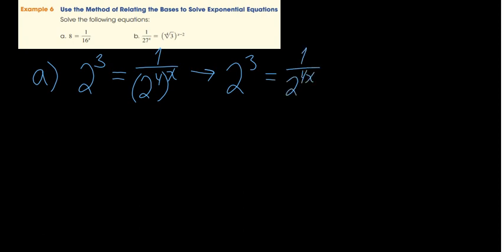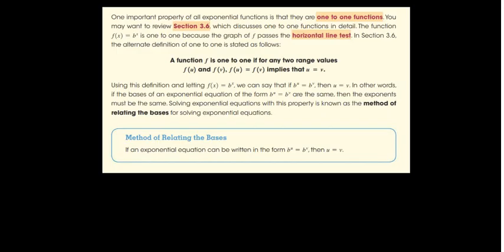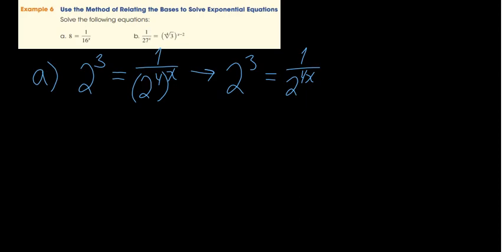Alrighty. Now we need to get our bases in the numerator, because going back, if an exponential equation can be written in the form b to the u equals b to the v, they're both in the numerator. The 2 to the third power is already in my numerator, so we can just keep that there.